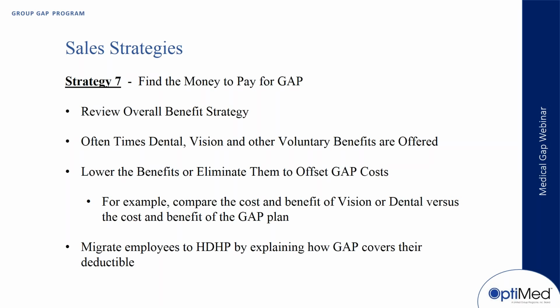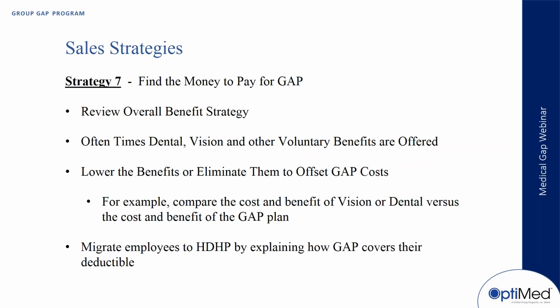Would they rather pay for an eye exam out of pocket, or would they rather pay for an MRI out of pocket, right? So when it comes to things like dental and vision, you might be able to say, hey, you're going to have to pay for your dental and vision plan, but we made your medical plan better with GAP.